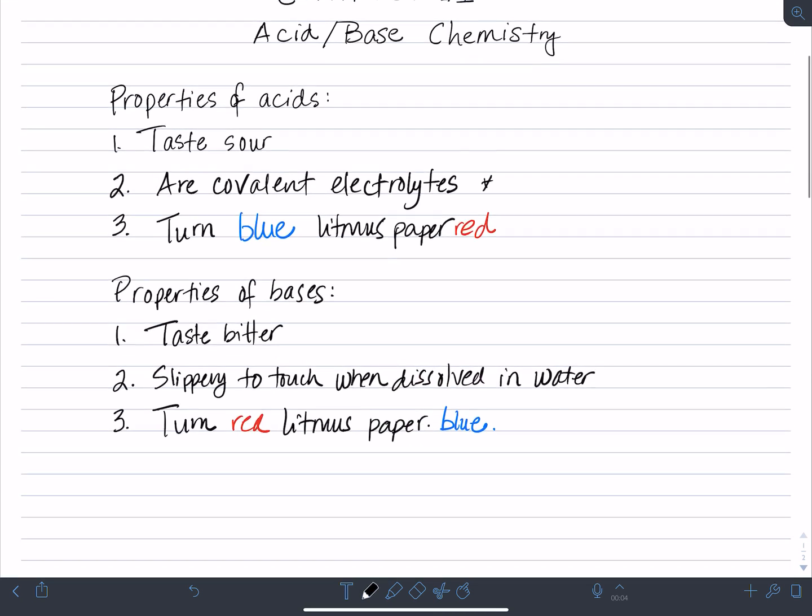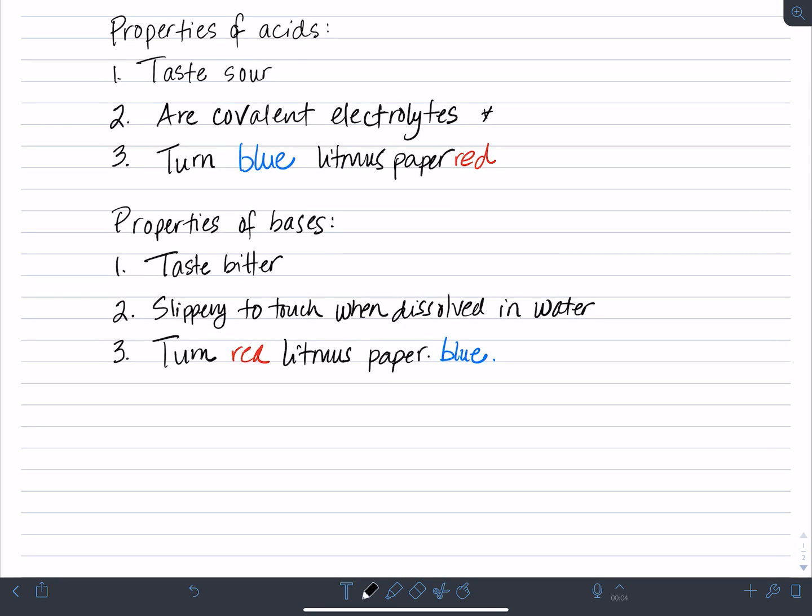All right, so let's take another minute and talk about what it means for something to be an acid or a base. Okay, I'm going to go ahead and start by giving you just the definition from the book. An acid is a chemical that donates H+ ions.